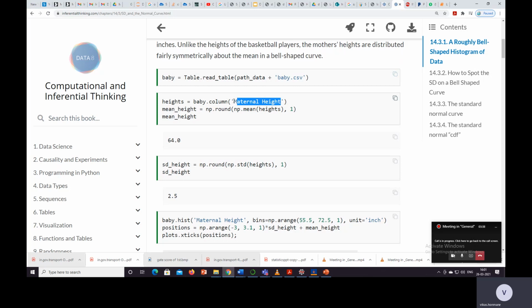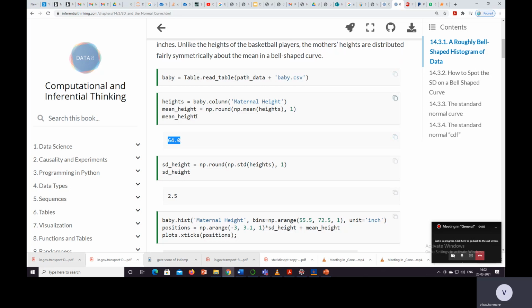From that we select the maternal height column. Then we find the mean height by using the np.mean function. The np.mean function gives many decimal places, so we round it to one decimal place. So the mean height is 64.